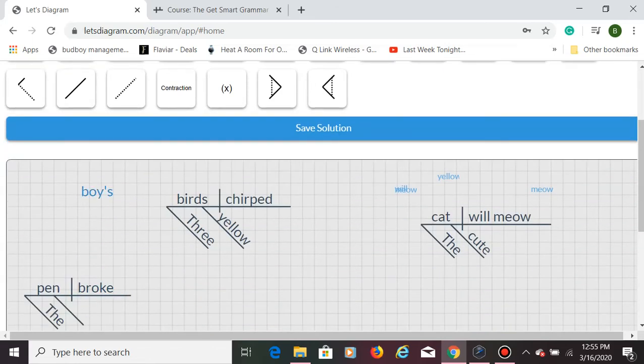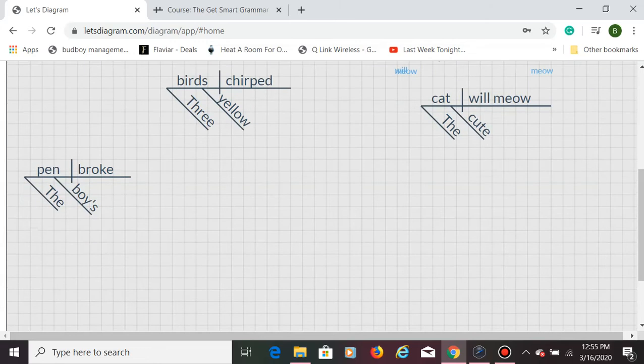The boy's pen. And then the will answer the question, which one? Which pen? The pen. That's what it should look like for your diagram. Subject, verb, adjective, adjective. Good.